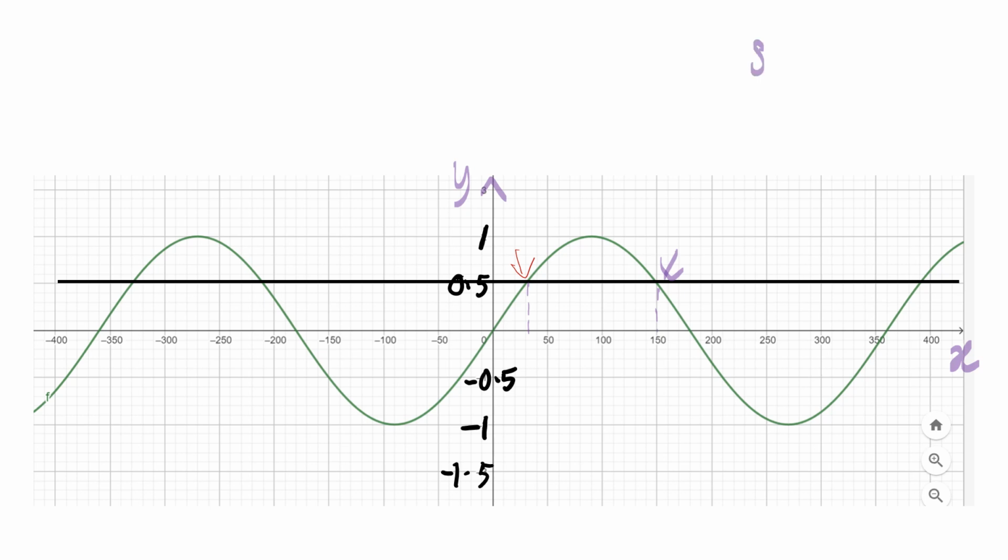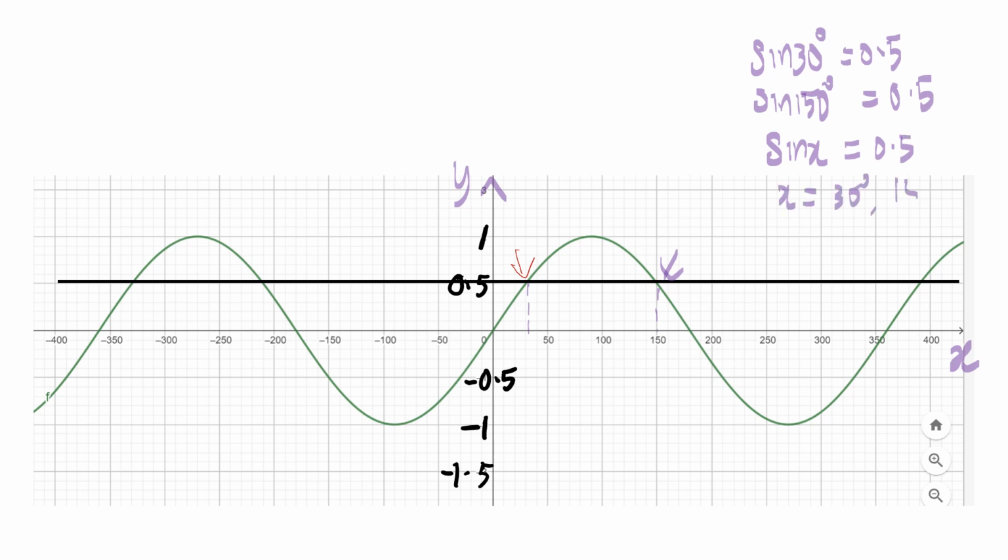So if I'm asked to solve the equation sine x equals 0.5, then the possible angles will be 30 and 150 for the positive angles between 0 and 360. We just consider one cycle first, easier.